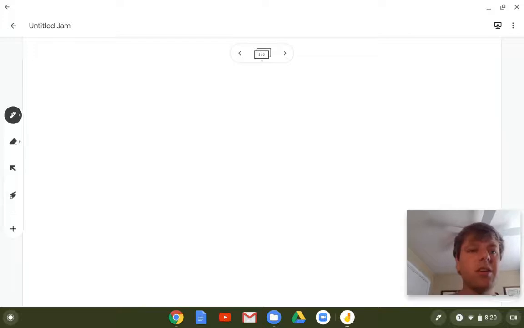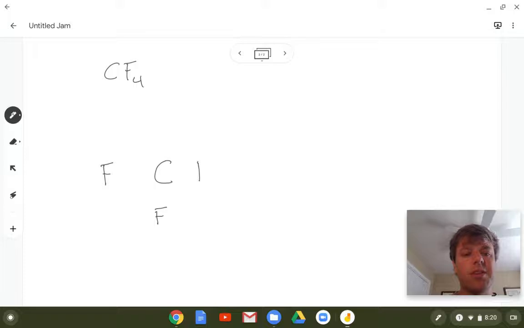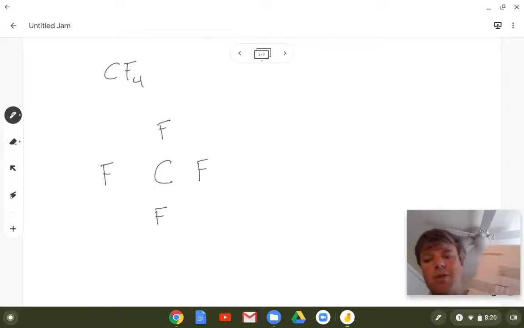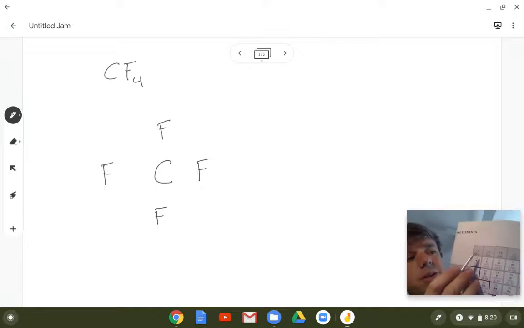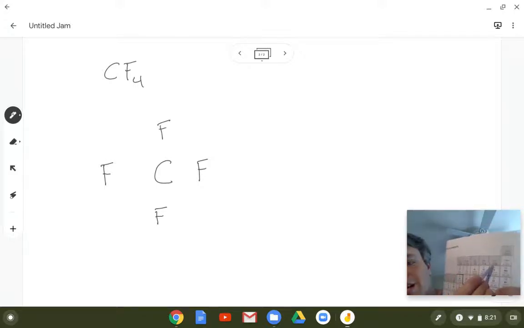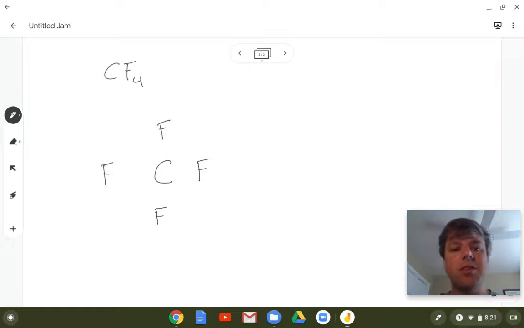Let's consider carbon tetrafluoride. So in this molecule, since we only have 1 carbon, we're going to put carbon in the middle. We're going to put the fluorines around it. And if we check our reference tables, carbon has 4 valence electrons and fluorine has 7.